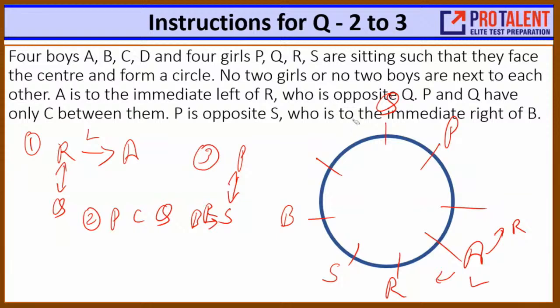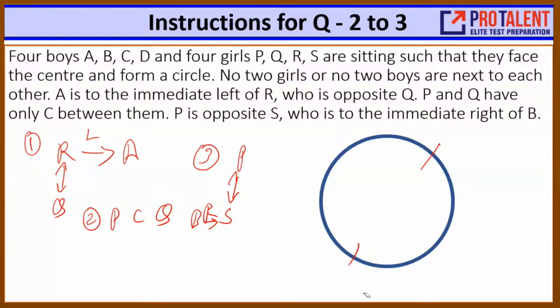Yes. Here, let me now do it, because here A is on the left of R. Chaliye. So 1, 2, 3, 4, 5, 6, 7, 8, and A is to the immediate left of R. If I am putting R over here, A is going to be on the left of R, who is opposite to Q. So Q is definitely coming over here, right. P and Q have only C between them.